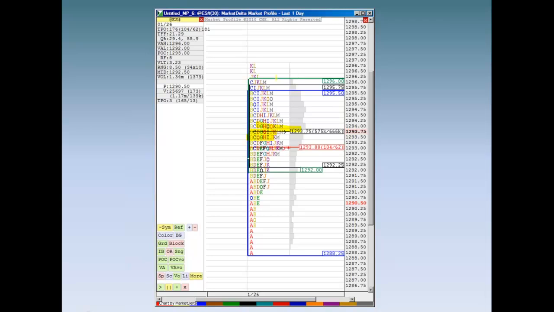So even without looking at these two green lines, you should now be able to say, aha, right here, this is the area of value in the market. I want you to have developed the basic skills of simply looking at the market and being able to identify where value is in an instant, just by looking at a profile.